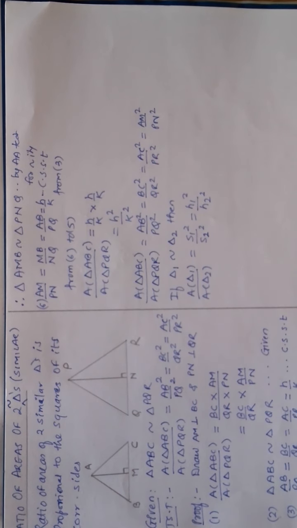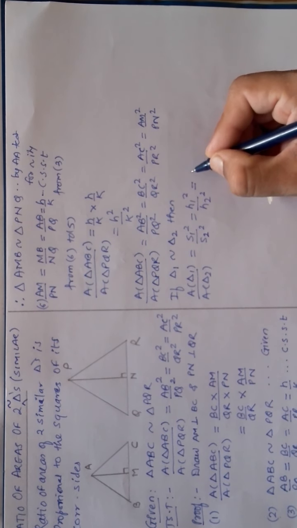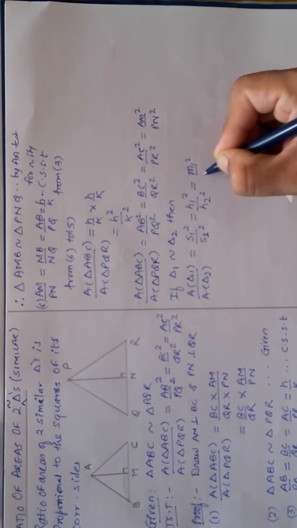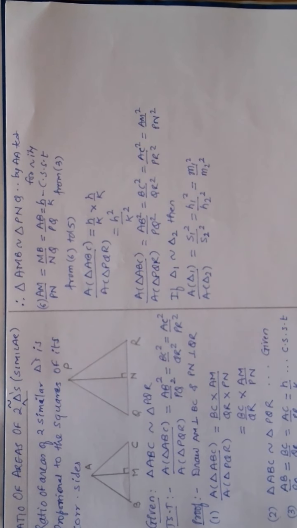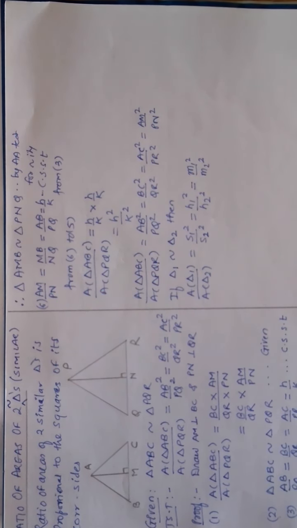Now I will add one more thing, that is M1 square is to M2 square. I would like you to prove this part, that M1 and M2 are the medians, okay? That means the ratio of areas of two similar triangles is proportional not only to the squares of its corresponding sides, but also to the squares of their corresponding altitudes, and also to the squares of their corresponding medians.